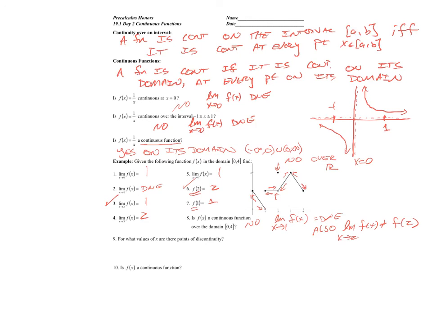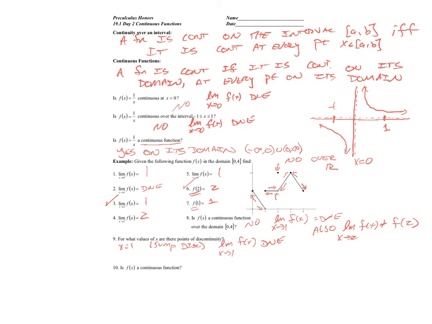It says, for what values are there points of discontinuity? Well, I think we identified those in question 8. At x equals 1, there's a point of discontinuity. We actually call that thing a jump discontinuity. Maybe we'll address that in the future, I don't know. It's a jump discontinuity because the graph jumps from one value to another. The justification is that the limit as x tends to 1 of the function doesn't exist.